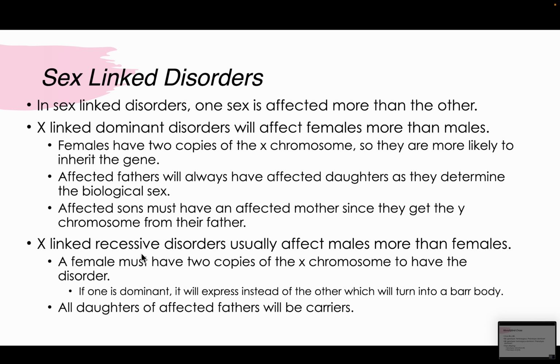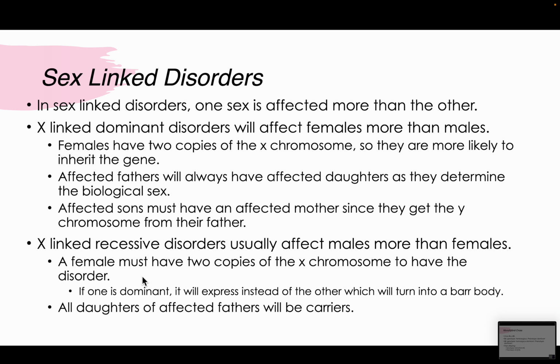X-linked recessive disorders usually affect males more than females. A female must have two copies of the X chromosome to have the disorder. So if I get one defective copy from mom or from dad, I get my other X chromosome from the other parent, and so the defective one will just shut down and my other one takes over.